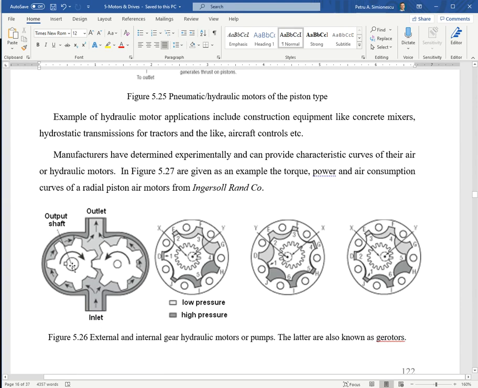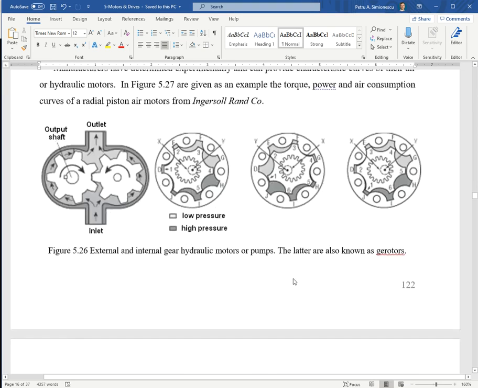You power one of these gears, they mesh, and so the body of hydraulic fluid is captured and delivered towards the outlet. And then you have the gerotors. These are planetary type gears with internal meshing, and you see them as oil pumps on some engines.